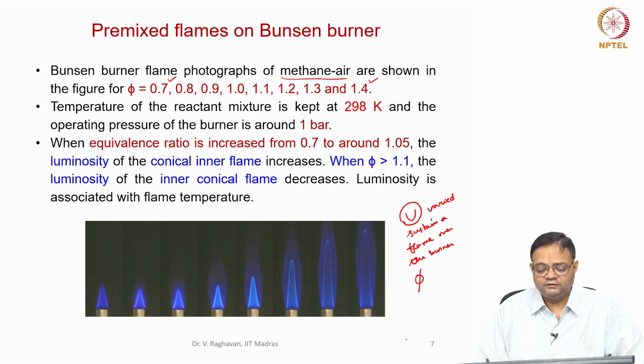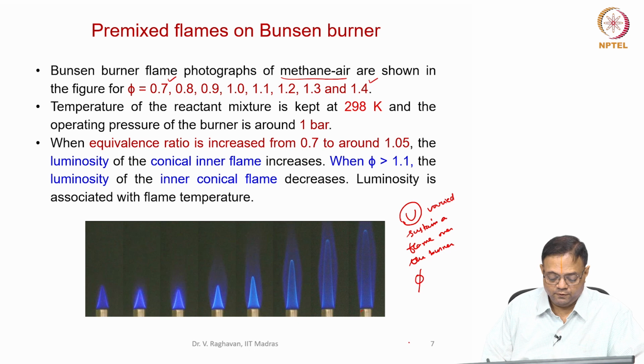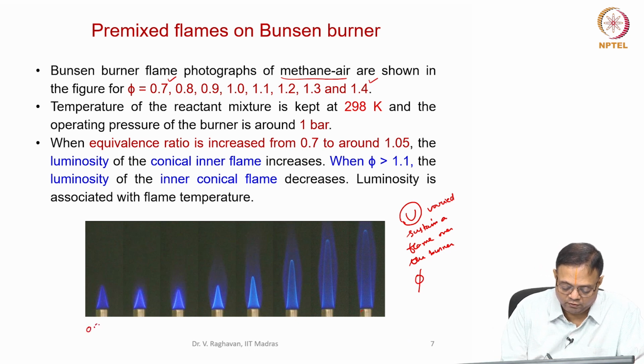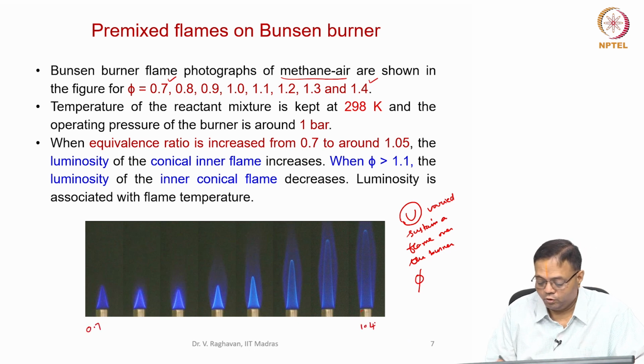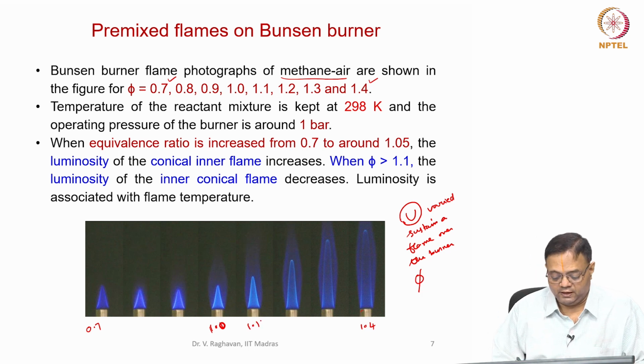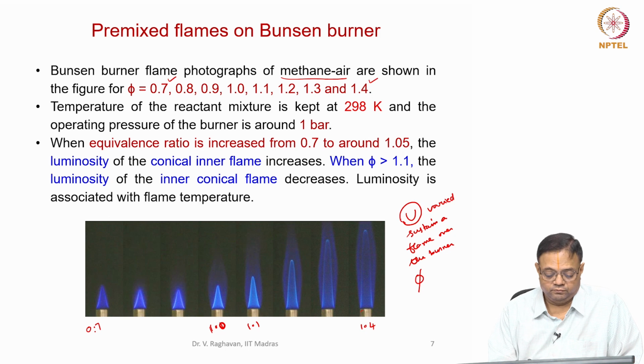Now several characteristics can be studied by these photographs. This is 0.7 and this is 1.4. This is stoichiometric, 1.0, and this is slightly rich, 1.1. Now, please see the characteristics. If you take 0.7, that means you have excess oxygen.